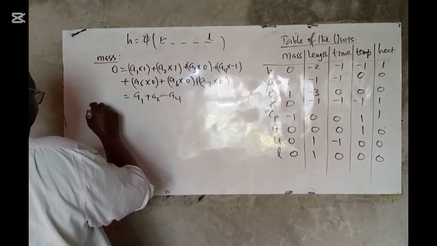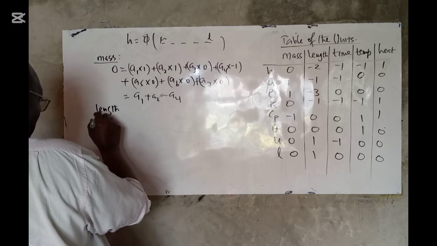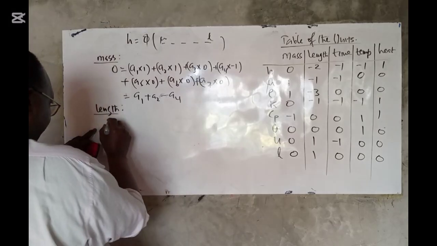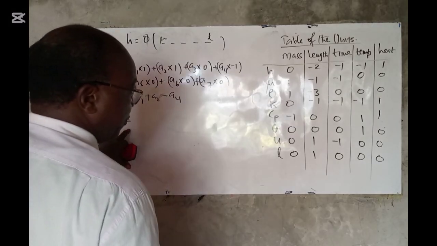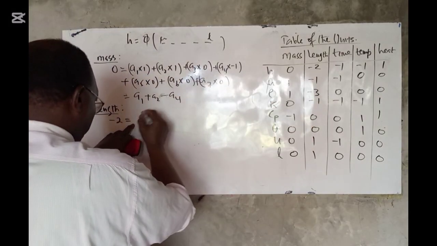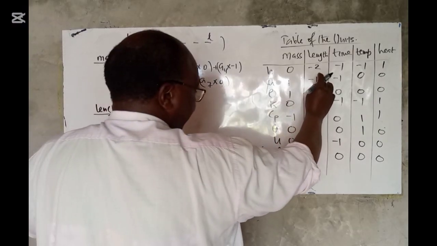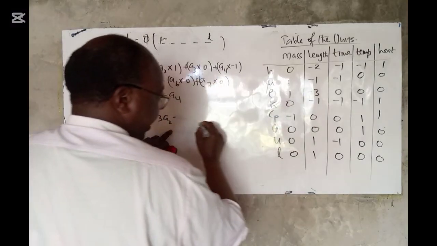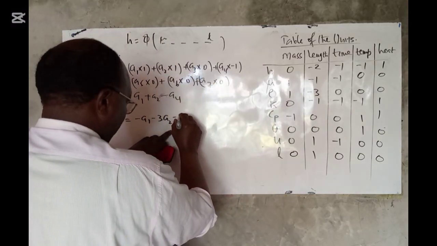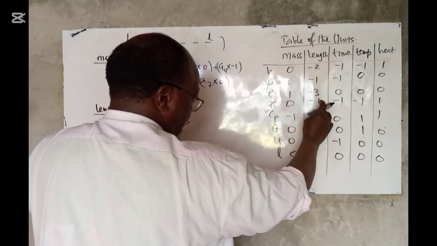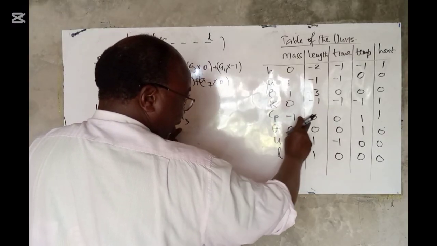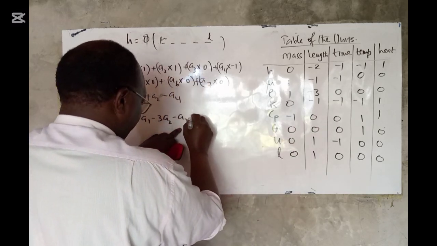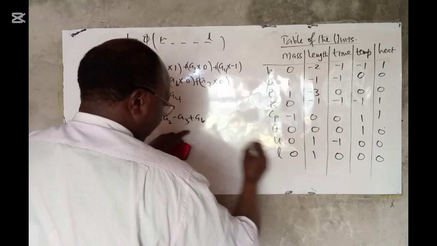When it comes to length, h is minus 2. So minus 2 equals minus A1, since we are multiplying by minus 1, minus 3A2, minus A3, 0 times A4 is 0, then plus A6 plus A7.